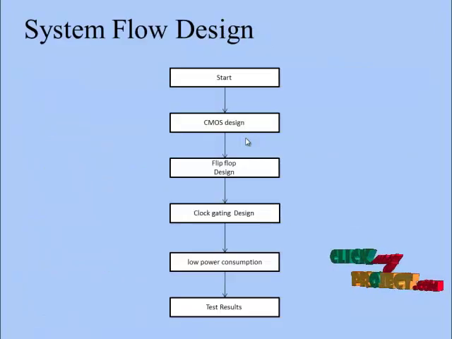So let's see the flow of our process. This is the overall design methodology shown by the block diagram. According to the description, we are designing based on the CMOS design methodology. For that, we have to use the Tanner EDA tool for the implementation. We all know that Tanner EDA is a CMOS designing tool. Initially, after selecting the CMOS design methodology, we have to design the flip-flop, and in the flip-flop design, we have to adopt the clock gating methodology.